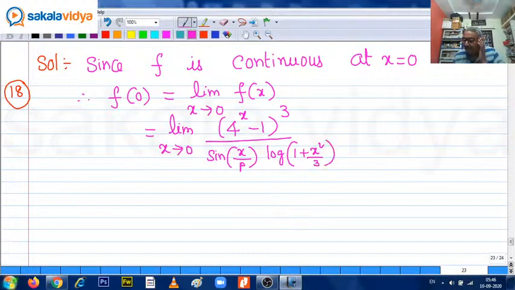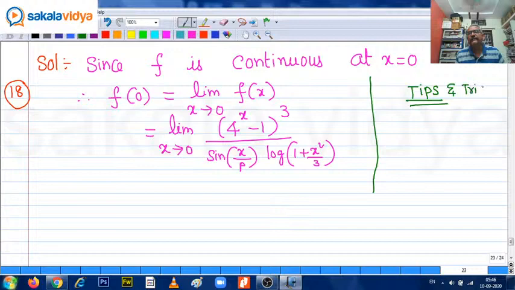Here some important concepts need to be applied, some tips and tricks. Sine of x upon p is approximately equal to x upon p if x is very small, because x tends to 0.